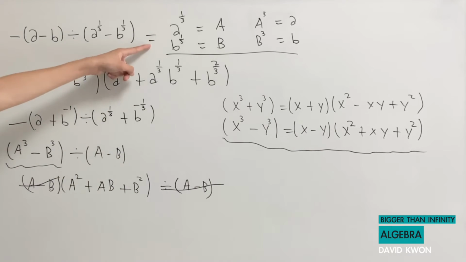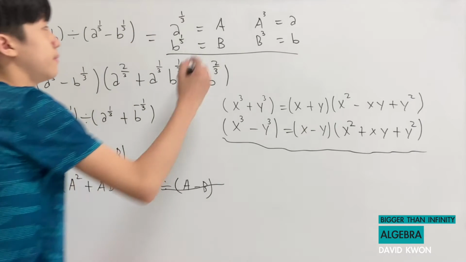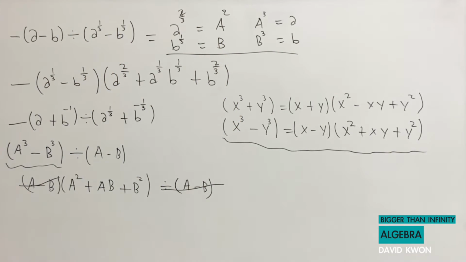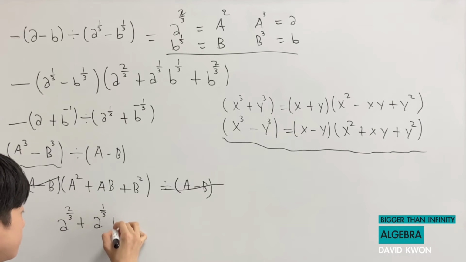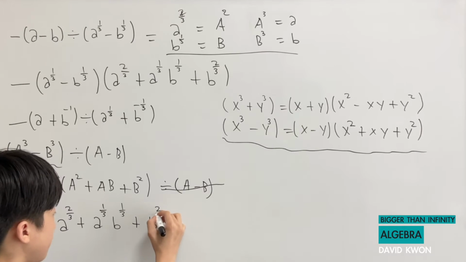But remember what we did here. We substituted capital letters, which means we will have to put it back. So A squared is just lowercase a to the power of 2 over 3, plus a to the power of 1 over 3, lowercase, times b to the power of 1 over 3 plus b to the power of 2 over 3.